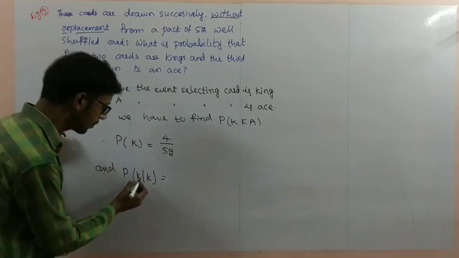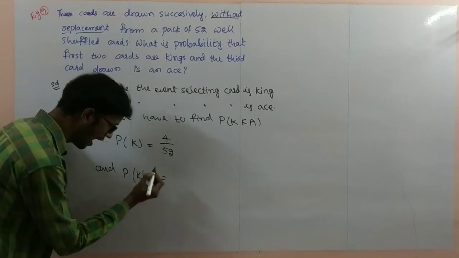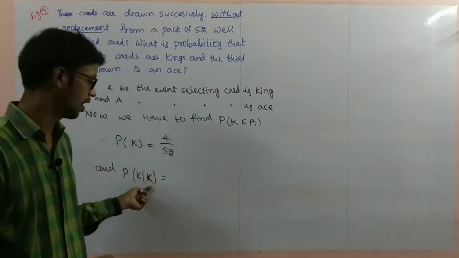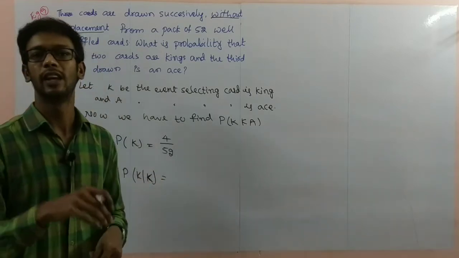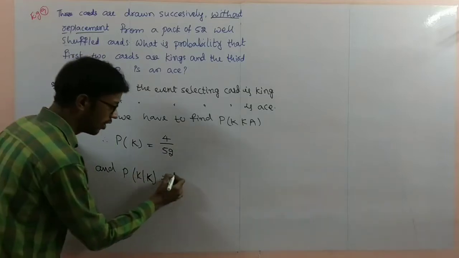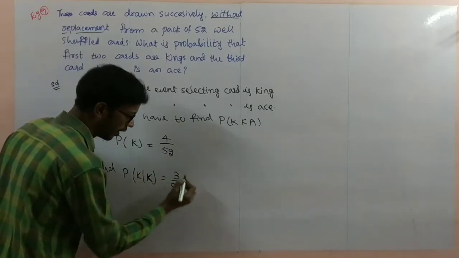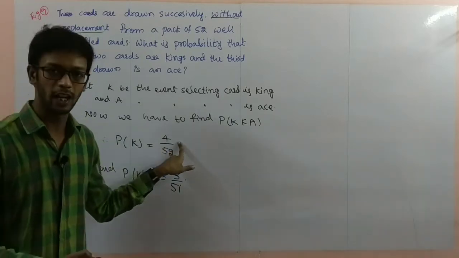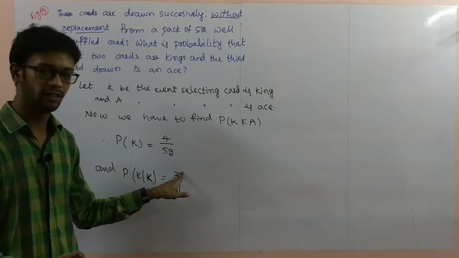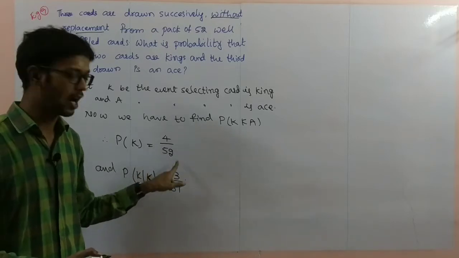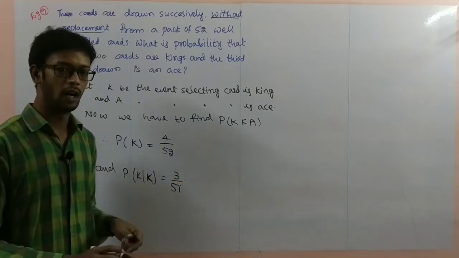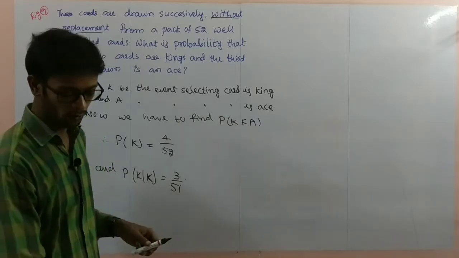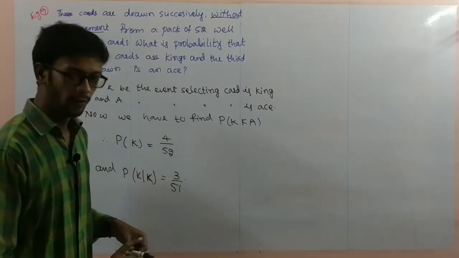Probability of event K, already K occurred. First one completed, second one also king. So 3 by 51 I am writing. Why? Because one king already completed. If we remove one king from 4, 3 kings will be there. Out of 52 cards, you have to remove one card, so that will become 51.